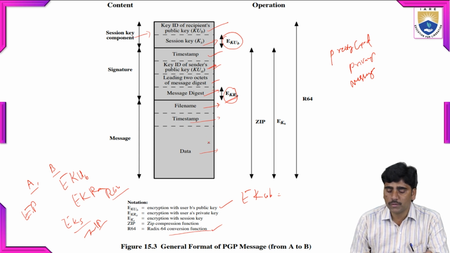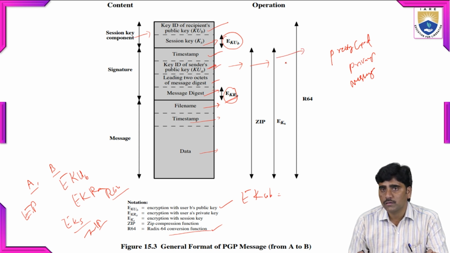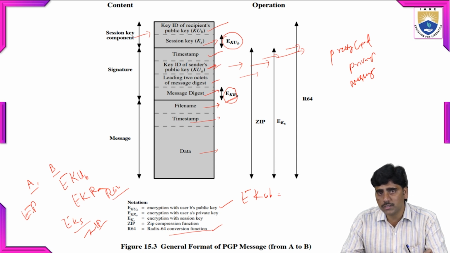So before performing the operations, the data has to be compressed. Then next, applying the session key. Then next, the conversion function. So compress the file, then apply the session key generation, then the conversion function. So this is all about the general format, that is, the message fields.